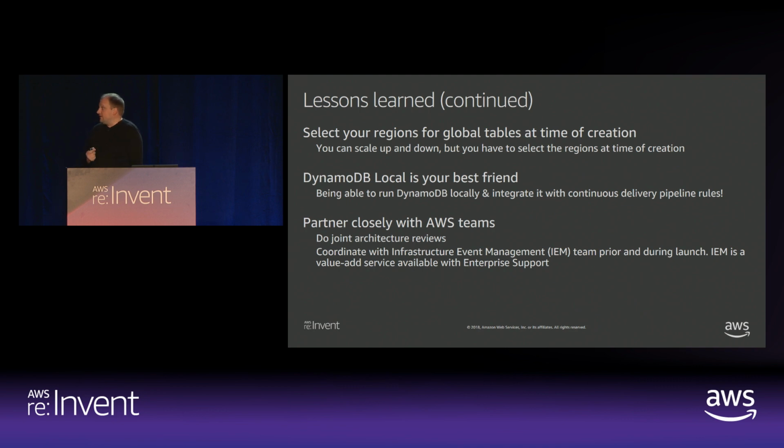And lastly, if you have a value-added service, partner very closely with your AWS team. It's very important. Do your joint architecture reviews, let them know what you are doing during the launches, and invite them to your war rooms. Prepare, especially if you know that you have a spike coming, prepare for it.